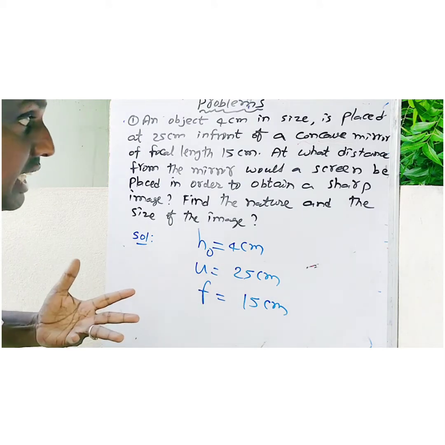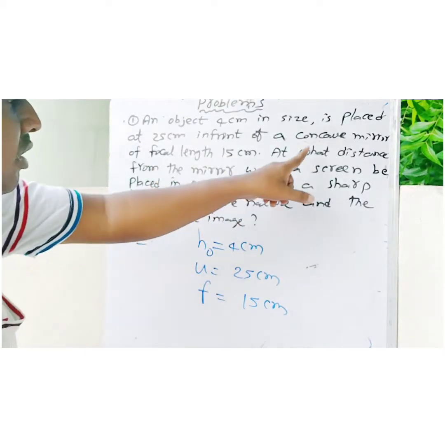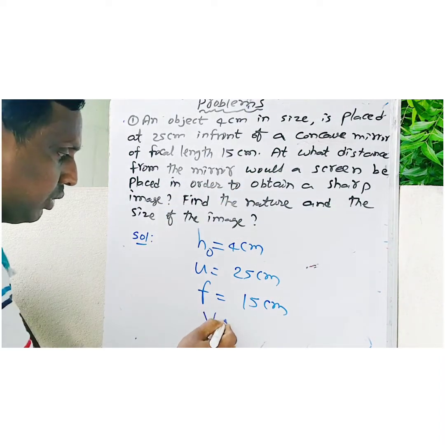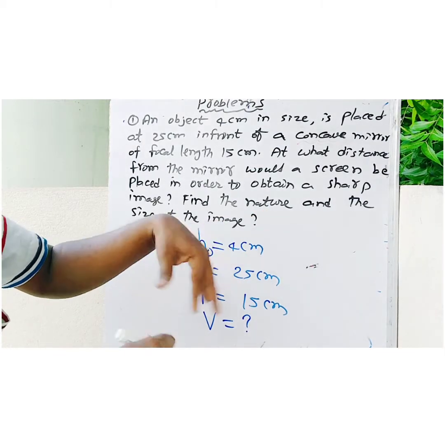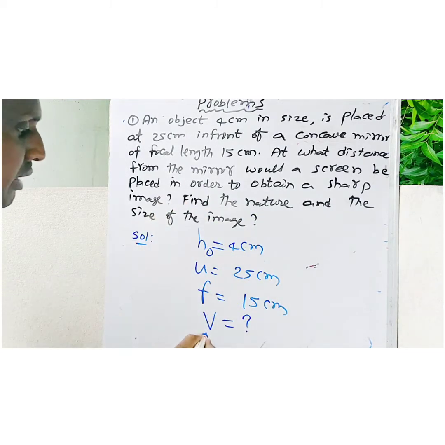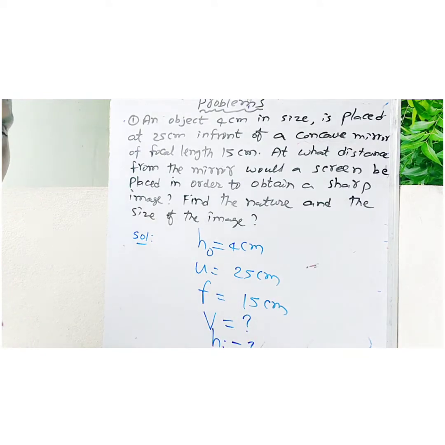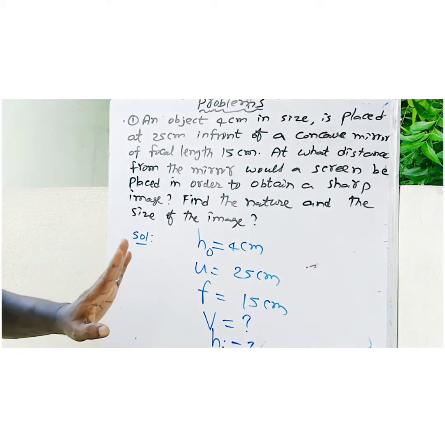Now what is asked here? From the mirror, what distance, that means we want the image distance V. Also find the nature of the image and the size of the image, that is HI, the height of the image.